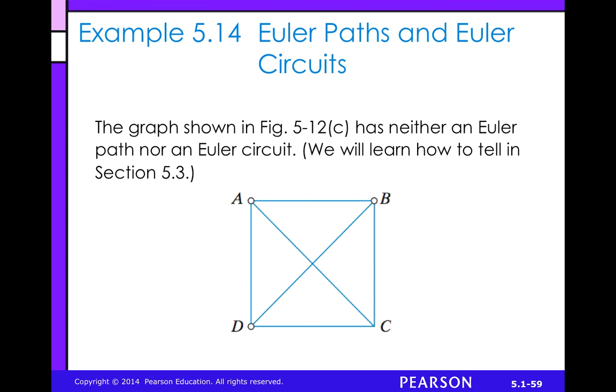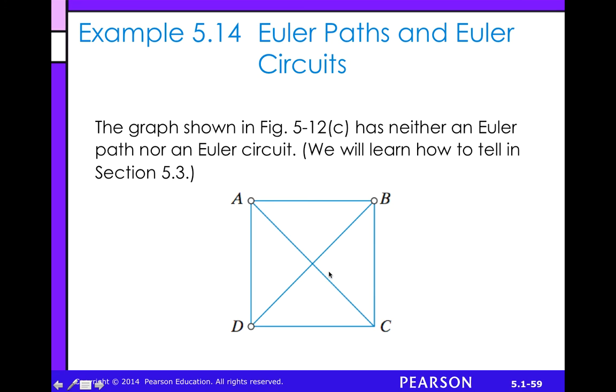The graph below has neither an Euler path nor an Euler circuit. So let's think about what that means. Suppose I say, let's start here at A. I want you to walk every edge inside the path exactly once, and you can start and end wherever you feel like. So you say, okay, well, I'm starting at A, so maybe I'll go A to B, B to C, C to D, D to A. Okay, so I've walked the outer perimeter, and now I have to go right here, and oh no, I needed to traverse this edge also.